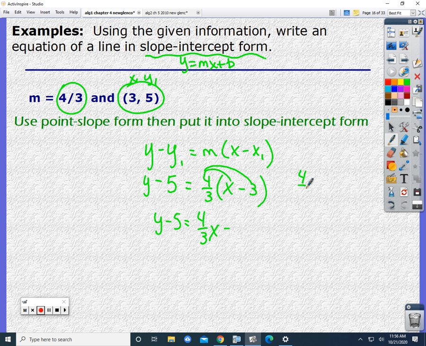Let me show you what that looks like. You're going to do 3/1. Those cancel. And so you end up with just a 4. And then here we need to get just the y. So we're going to add 5 to both sides. So we get y equals 4/3 x plus 1. So that's the finished answer for that one.